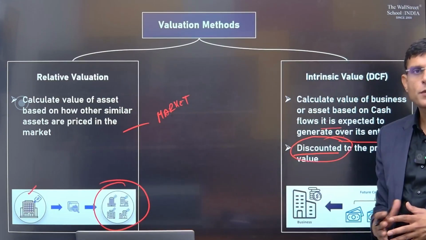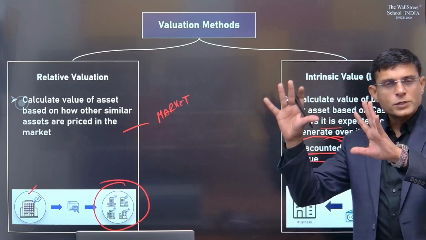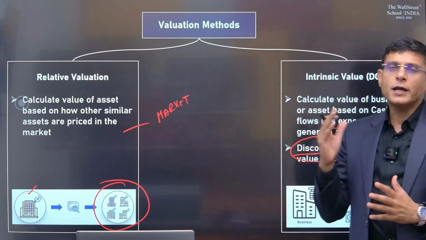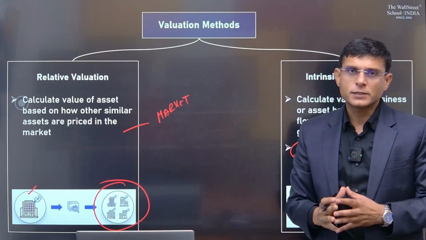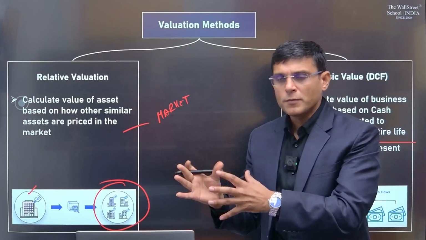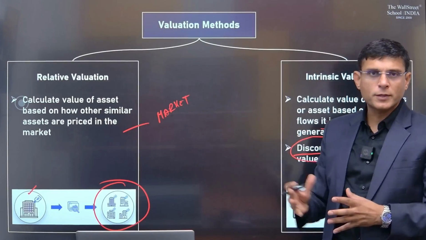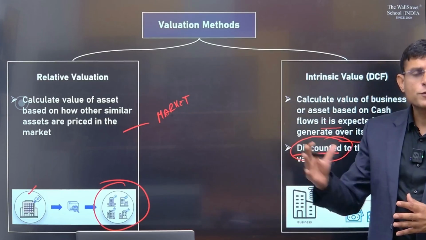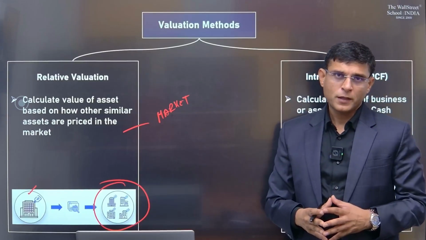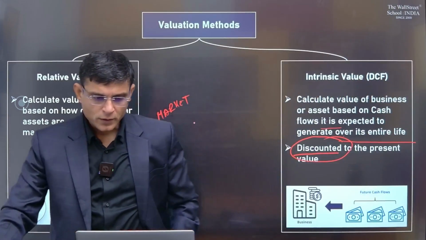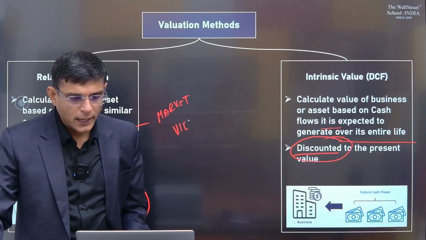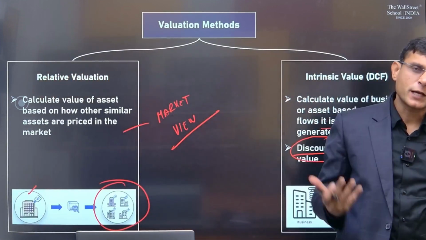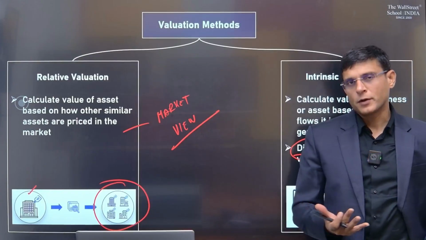So, once you have decided the space, the comparable companies in the same space, then on the basis of market consensus, how the majority of the companies are priced, maybe median, maybe average, and maybe some other benchmark multiple of the market, we try to find fair value of a target company. Here, market view plays an important role. What the market thinks about valuation of a particular sector, particular industry.